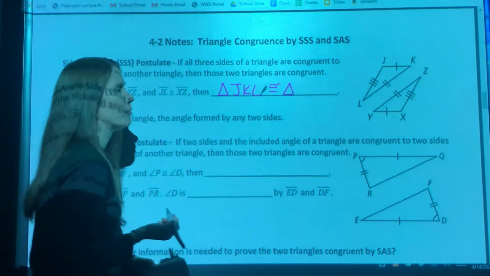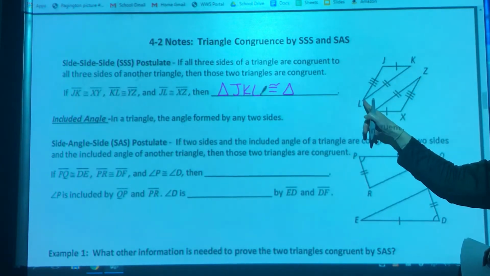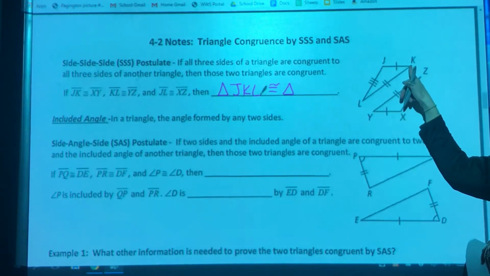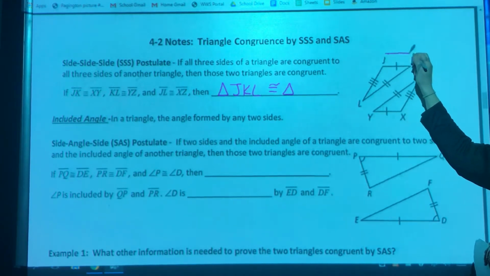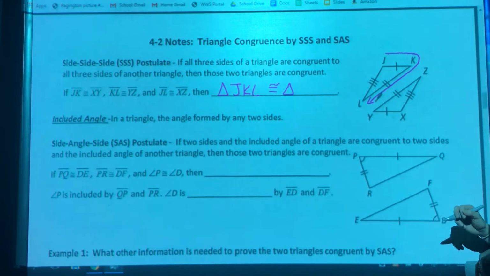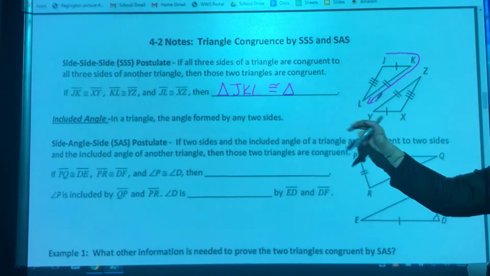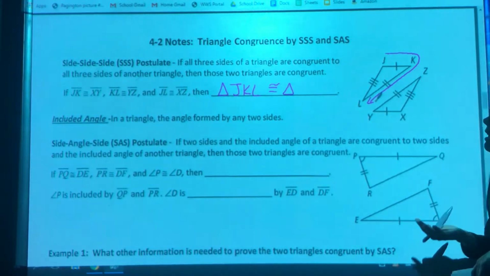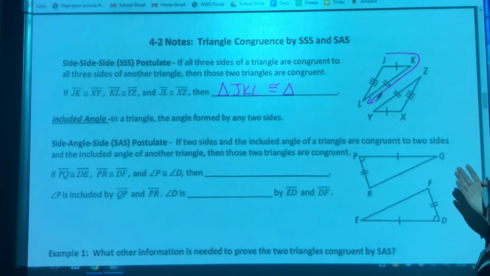Now I need to be careful when I pick one. If I say JKL, I went across the 1 mark and then across the 2 mark. Some people like to show on their paper which direction they chose to go. So across the 1 mark, across the 2 mark, and now when I go to say the other triangle, I need to follow that same pattern. The figures might be flipped or turned, so I've got to be careful.